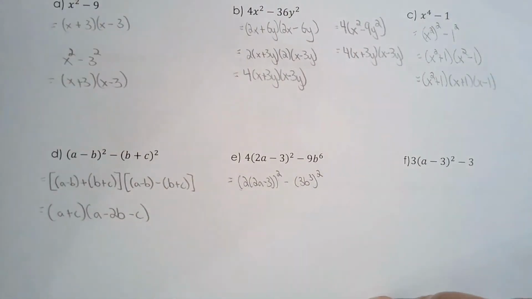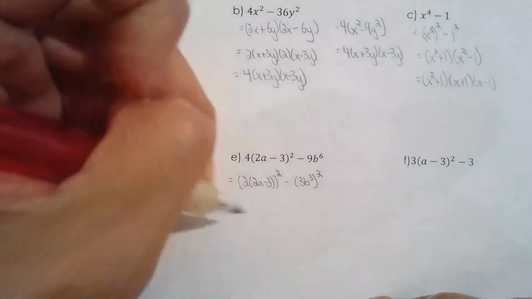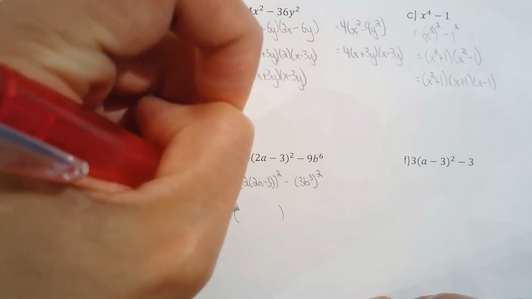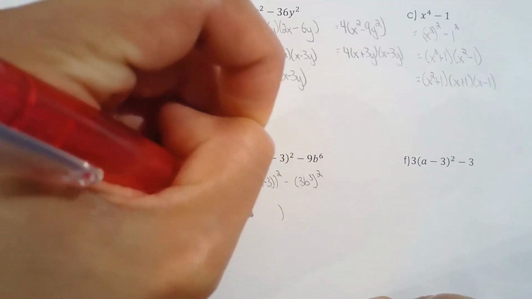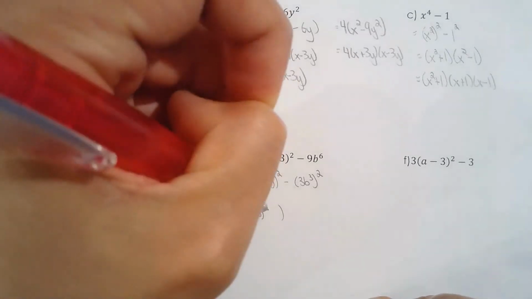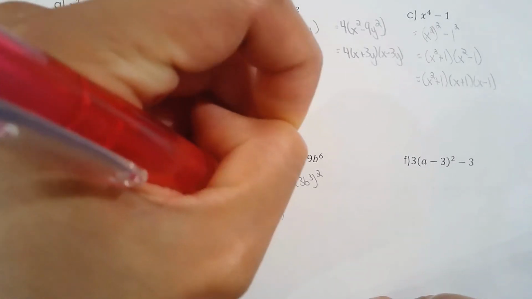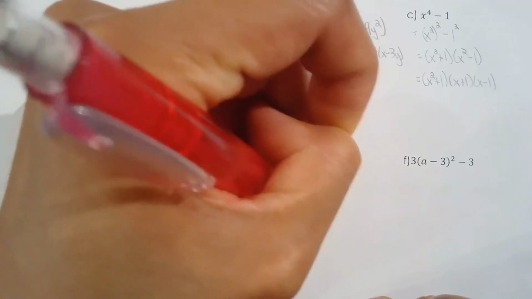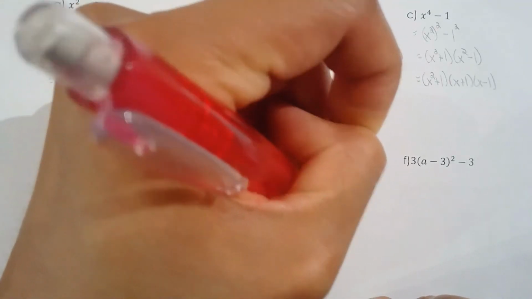Now that you know what's being squared, it's very obvious that you have a difference of squares. And it's very obvious what to write in terms of the factors. So it's 2a minus 3 plus 3b cubed, times 2a minus 3 minus 3b cubed.